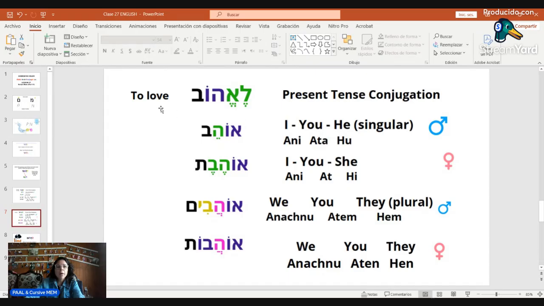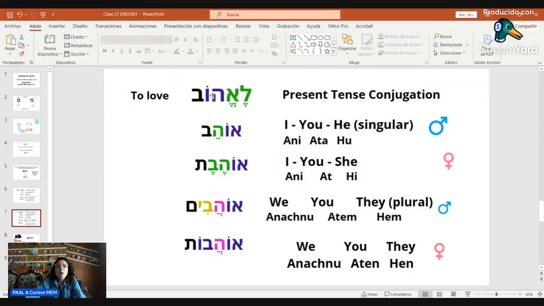To love reads le'ehov. So what do we do first? We find the shoresh. We eliminate this first lamed because it's like to in English, so it doesn't belong to the PAAL group.